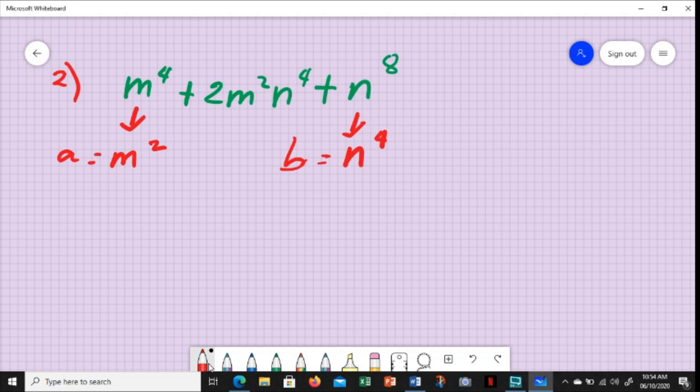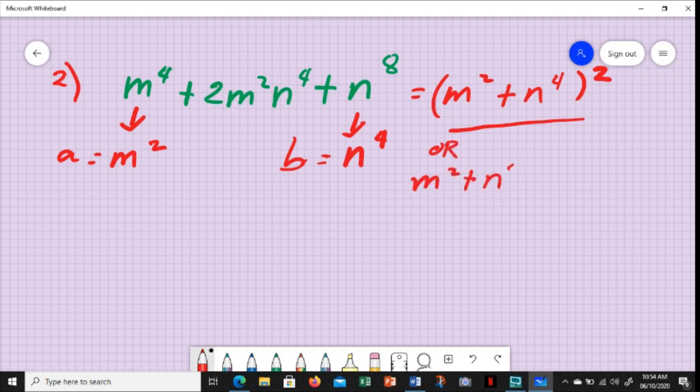So, the factor will be m squared plus n raised to 4, square. Okay, so that's it. Or if you want a longer representation, it can be m squared plus n raised to 4 times the quantity m squared plus n raised to 4. So they are the same.